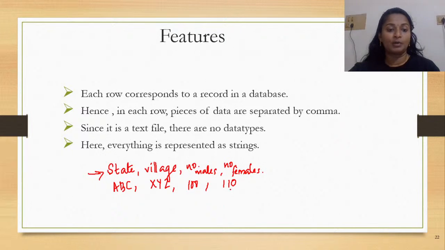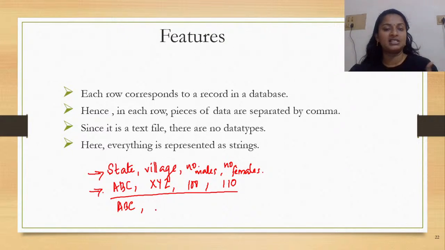So this is the population in the village XYZ. Again, you would have data coming like this, right? The information of the village XYZ would be in one row, and following the first row, the second row.